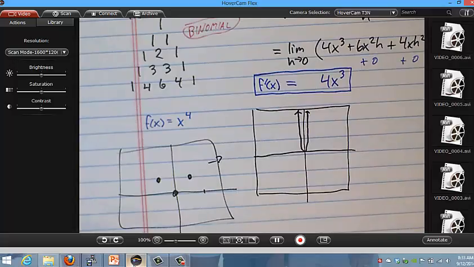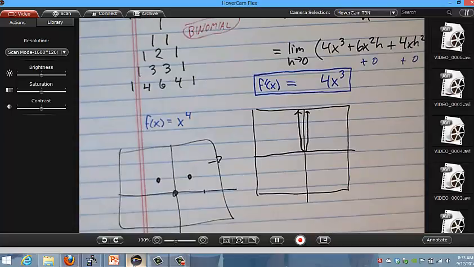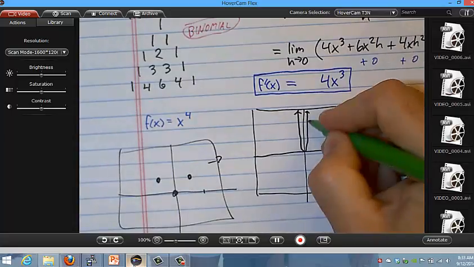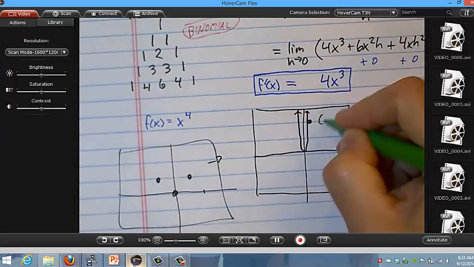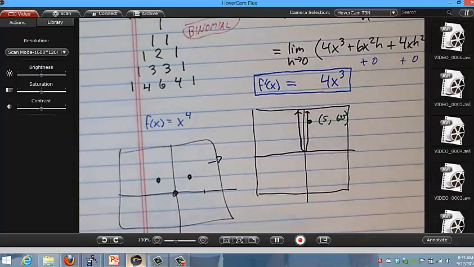And somewhere here, I could draw a tangent line at the point 5, comma, and then I got to be careful about this so it looks right, 625. What would you tell me about the slope of that tangent line? Practically, would it be big or small?